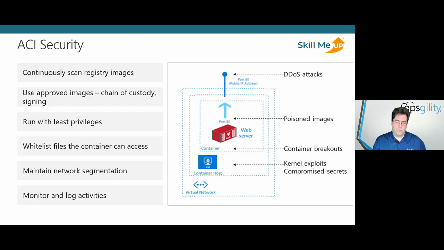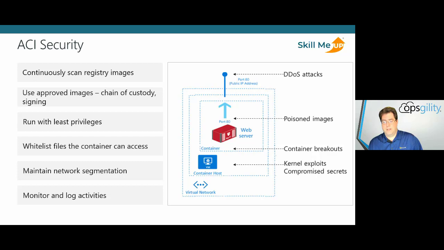Principles of least privilege are obviously important across all services, to not elevate privileges and allow people to gain a level of access to a container that might be compromised.